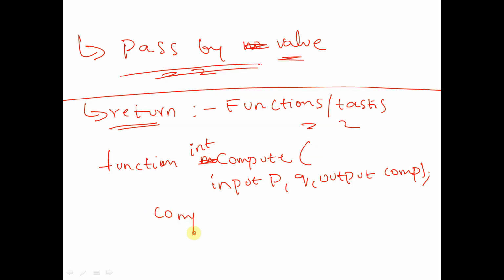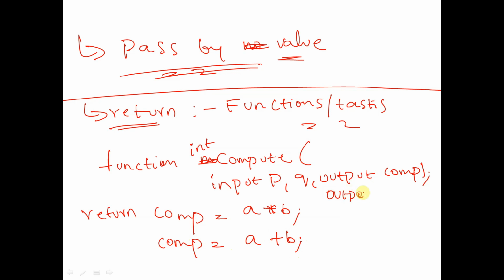I'm computing comp is equal to A star B, and I will use return here, return comp is equal to A star B, and then I will write comp is equal to A plus B, or I'll take another output, comp underscore 2, and end the function.